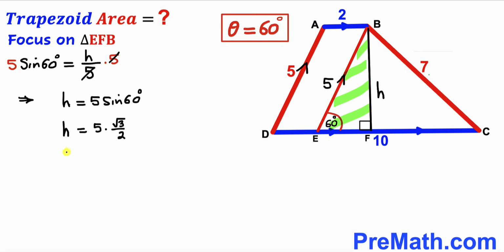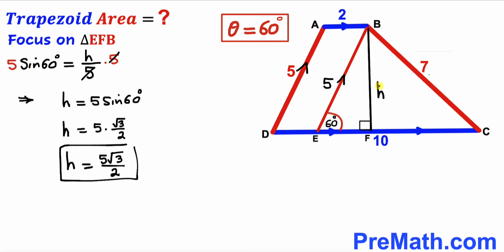So the height of this trapezoid turns out to be 5 times square root of 3 divided by 2.